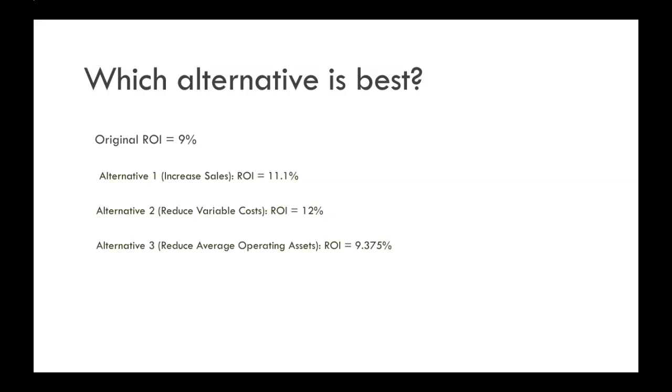And alternative 3, reducing the average operating assets, left us with an ROI of 9.375%. So each alternative is better than the original ROI, right? We want a higher ROI. So each of these alternatives will be better than what we were doing originally. We need to pick which alternative has the best ROI. That's alternative 2 with an ROI of 12%. That was when we reduced the variable costs by $150,000.